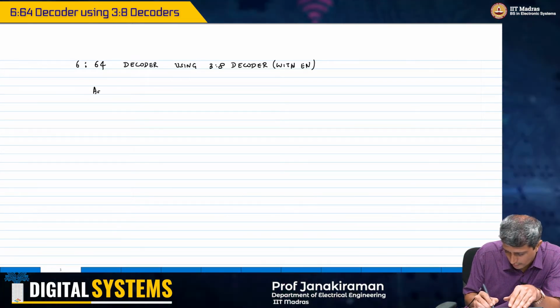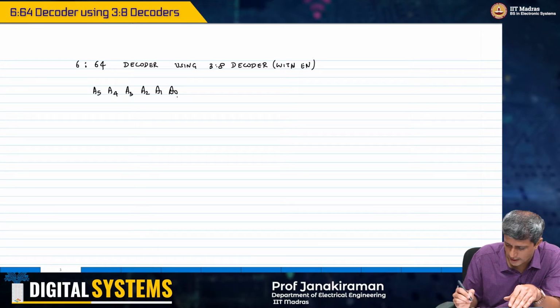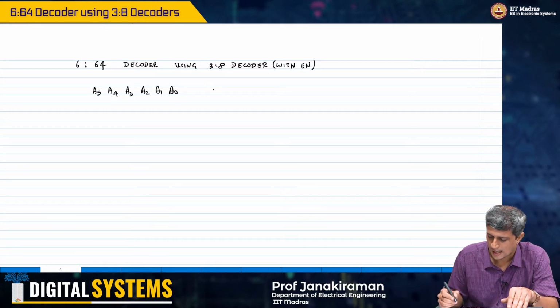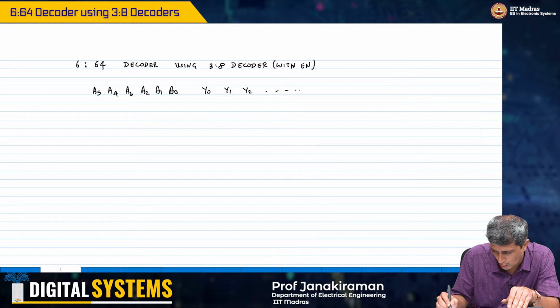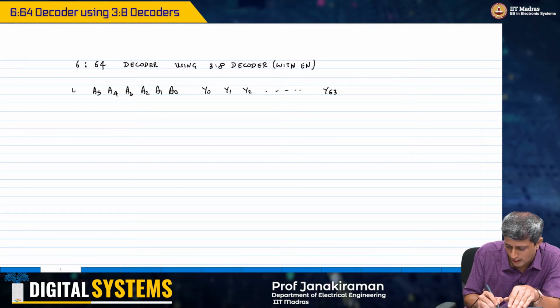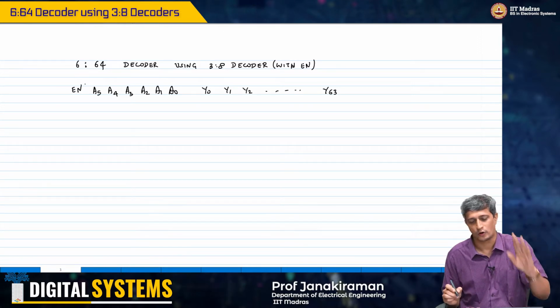So I'll do A5, A4, A3, A2, A1, A0, and my outputs are going to be Y0, Y1, Y2 all the way to Y63, and of course I have an enable here for this decoder.